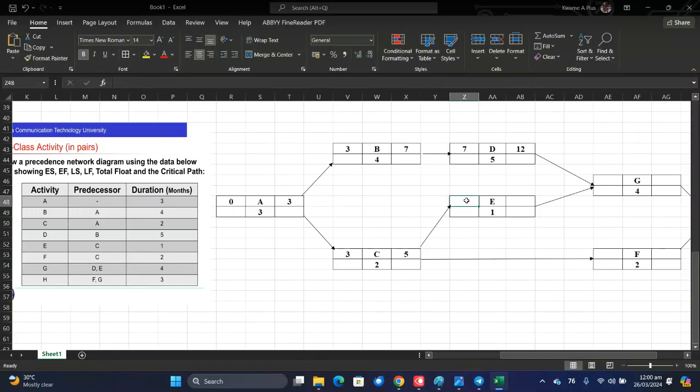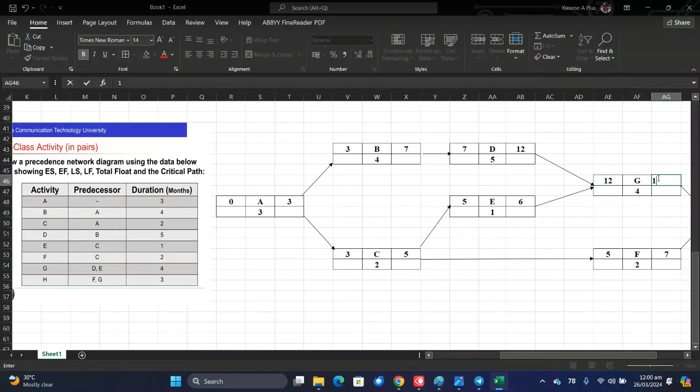And then here becomes 5. Okay, here is 6. And then here becomes what? 5. Here becomes 7. So between this and this, which one do you think we should pick? 12. Yes, 12. So we put 12 here.